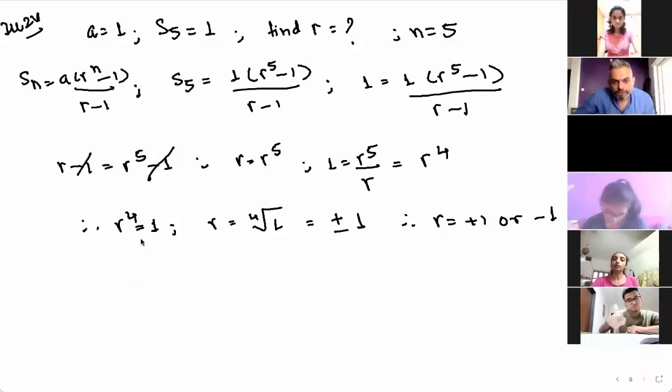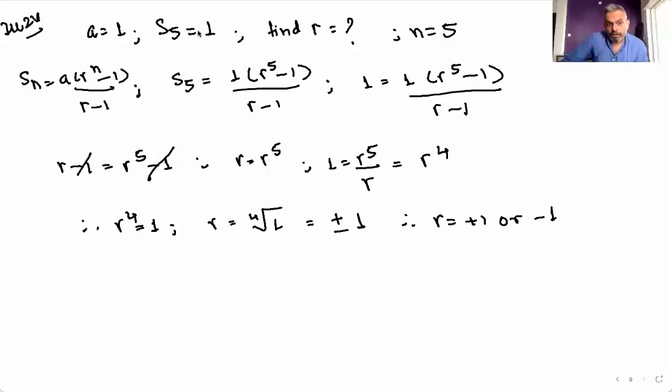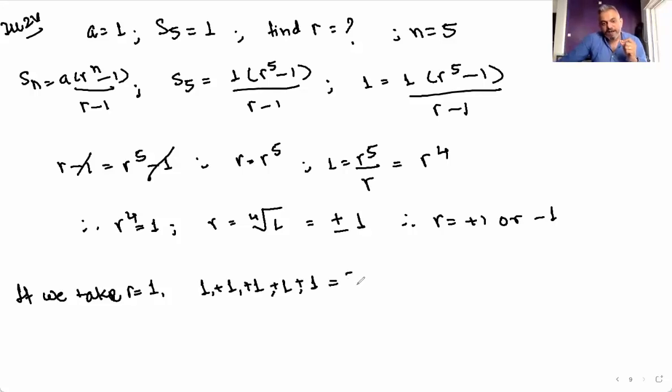Yes. All of you? Now pay attention, read the question, and that's why it's very important you read the question carefully. Sum of first 5 terms is 1. So what could those 5 terms be? If the first term is 1, so if we take r is equal to 1, then the first term 1, 1 into 1 is 1, 1 into 1 is 1, 1 into 1 is 1, 1 into 1 is 1. If we add all of them we get 5.